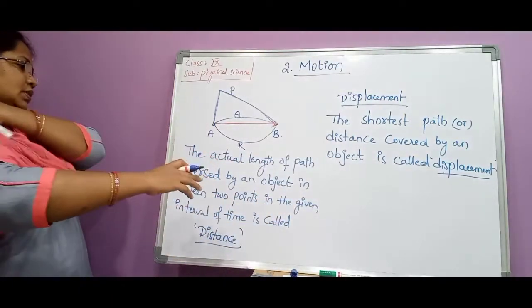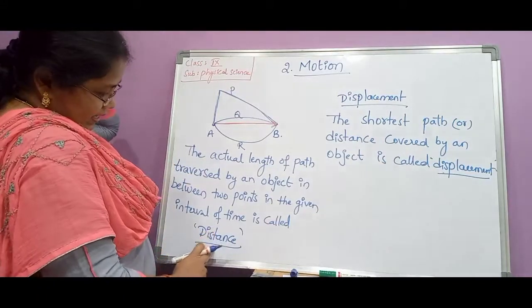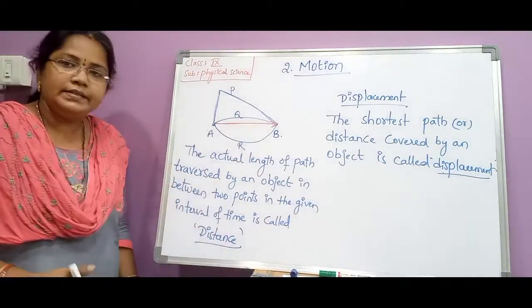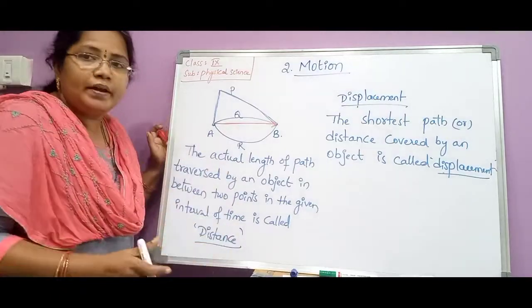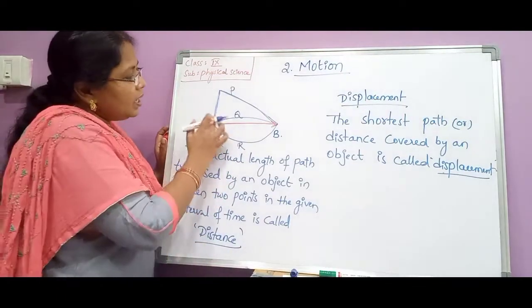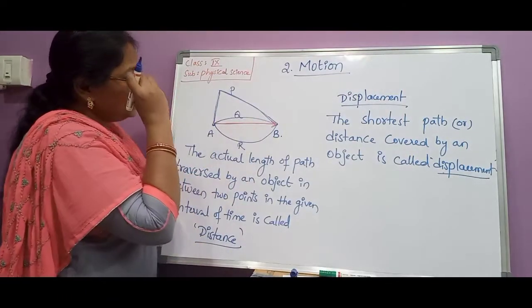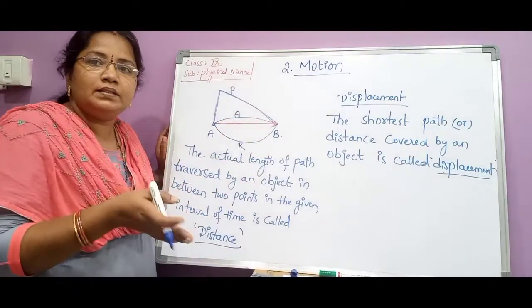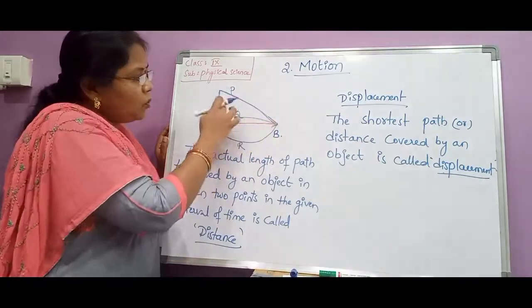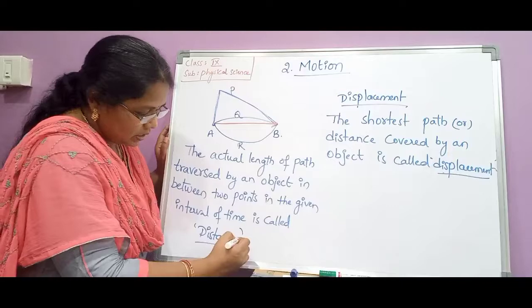Now, you see here, to calculate the distance, we need not worry about the direction. In all these paths, we did not represent the direction. Only the magnitude is required in order to say the distance.